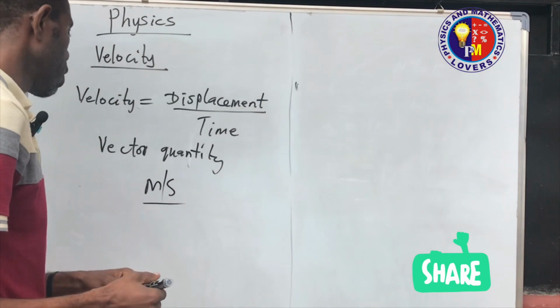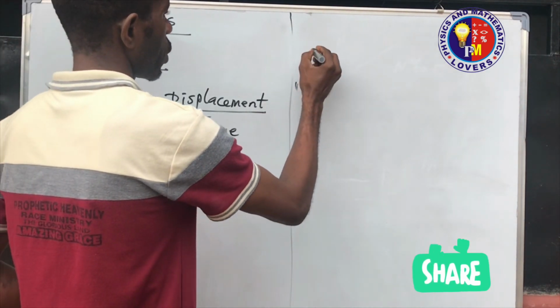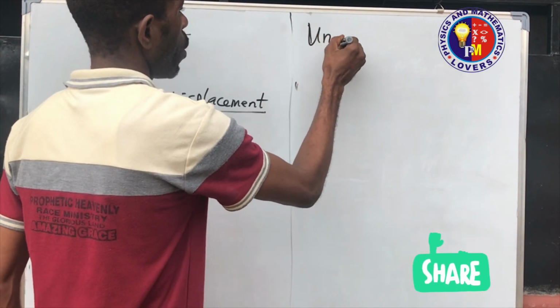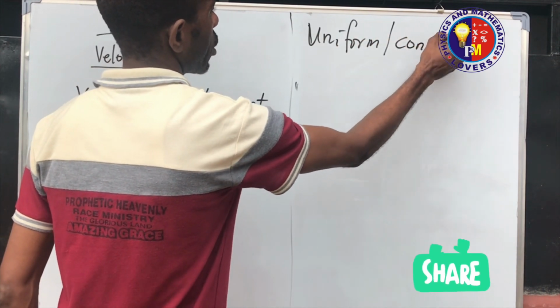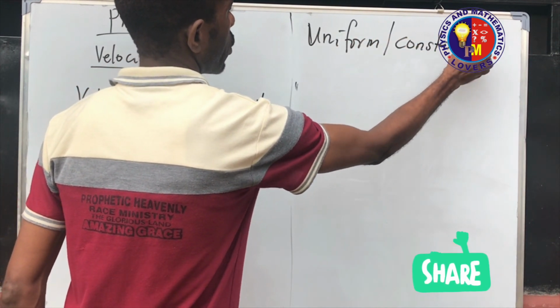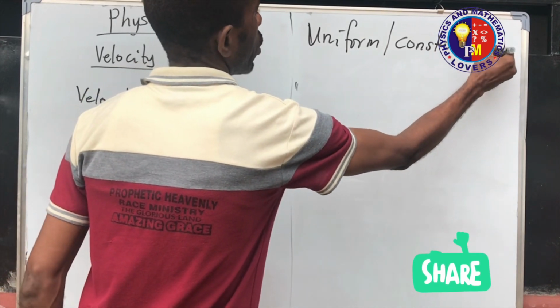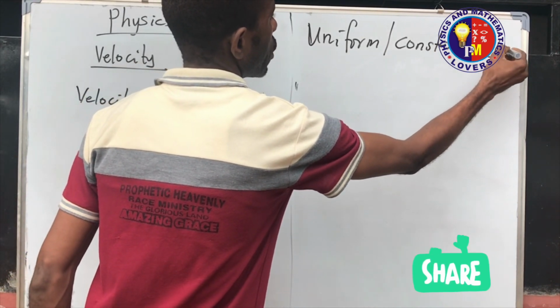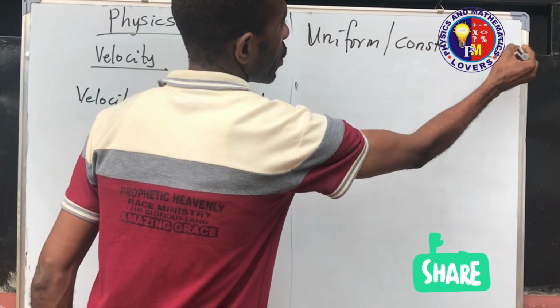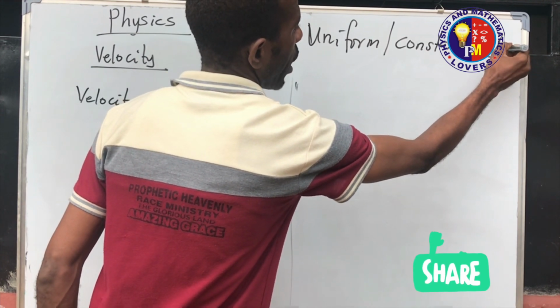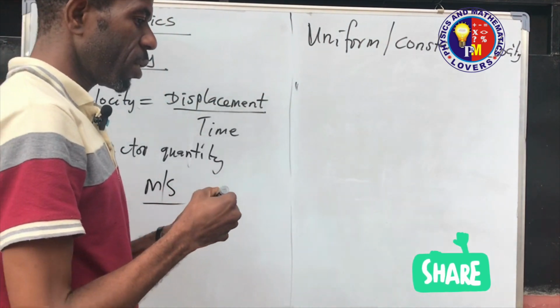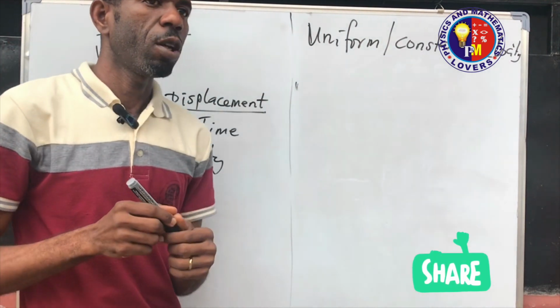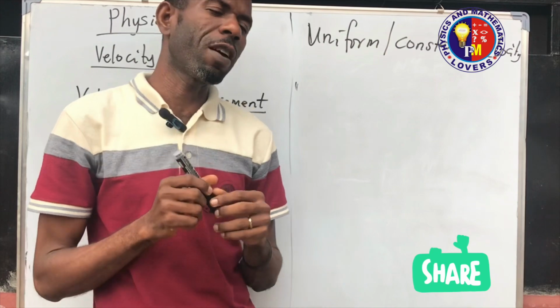Another thing we need to know about the concept of velocity, we have what is called uniform velocity or constant velocity. So, what does it mean? It means that the rate of change of displacement with respect to time is always the same. That means constant, no matter how small the interval may be.